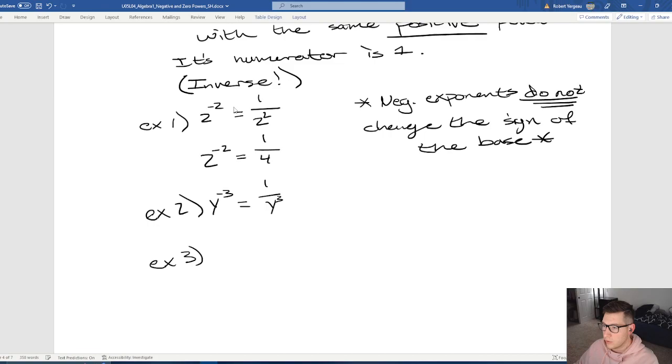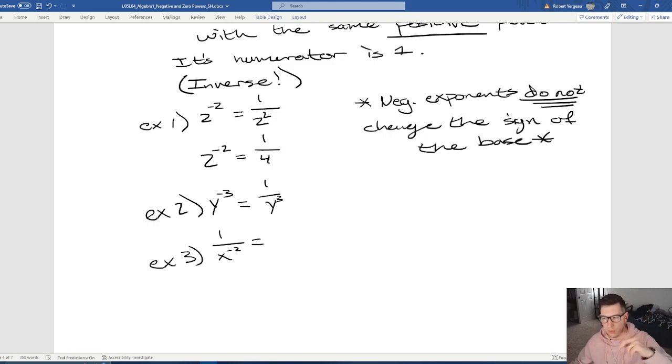Now, example 3 is going to say we have 1 over x to the negative 2. Again, the quick way to think about this, and we can get into more detail when I come back on Wednesday, is that when we take the inverse, when we take the reciprocal, this is essentially just going to flip.